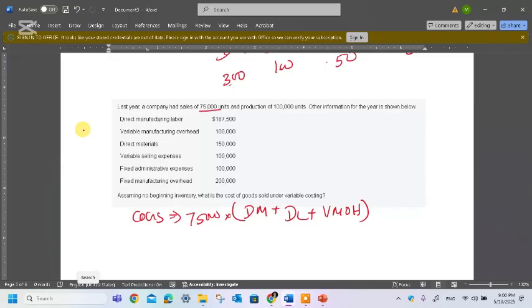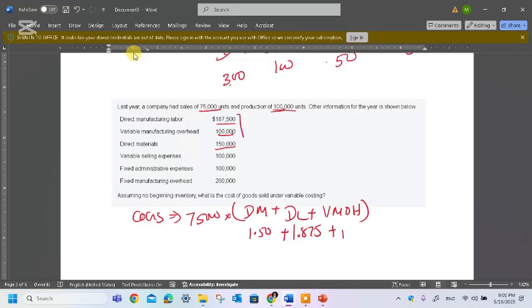Material per unit, 150 over 100,000 units, 1.5. Labor 187, 100,000, 1.875. Variable manufacturing overhead 100,000 over 100,000, 1.